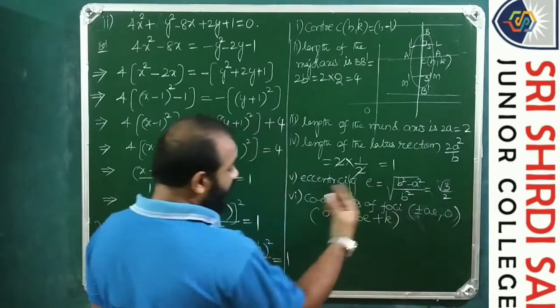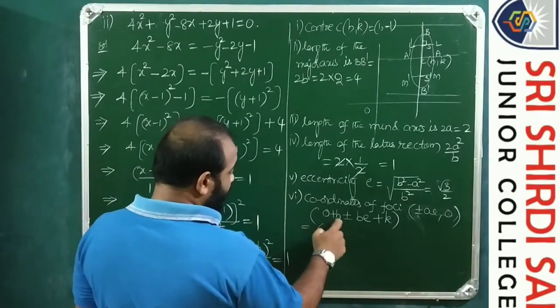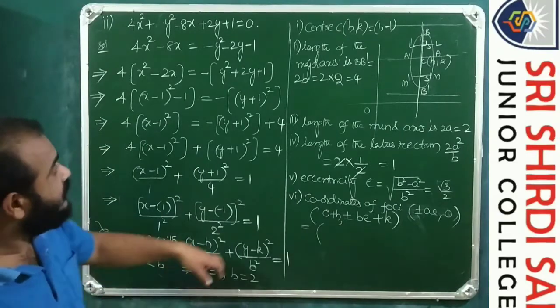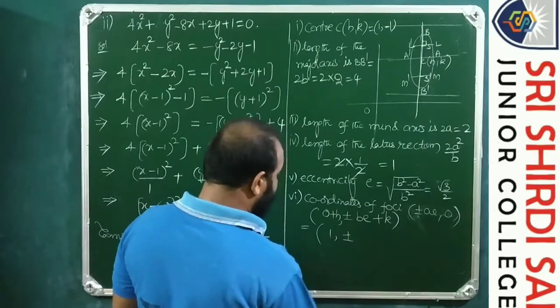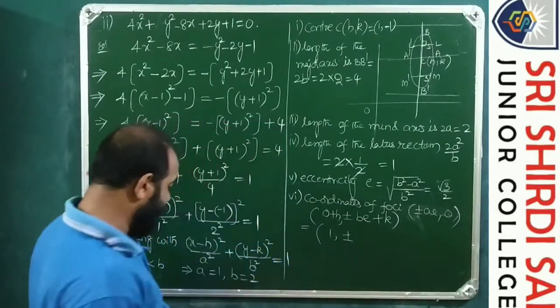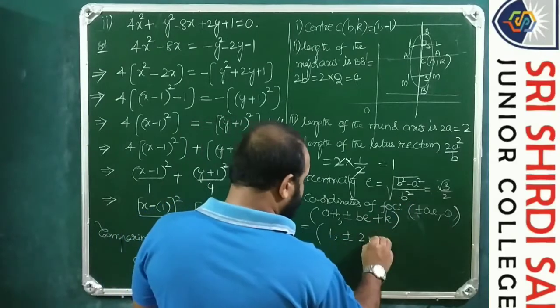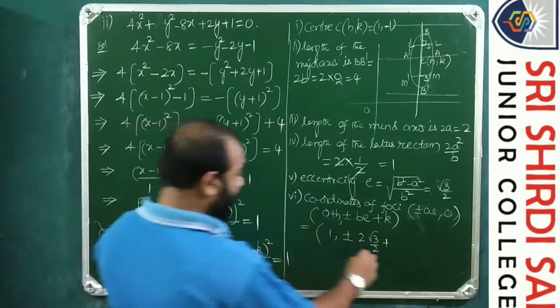So this is the coordinates of foci. So this is equals to 0 plus h is h only. What is h here? h here is 1 comma plus or minus BE. B value is 2. E is root 3 by 2 plus the value of k is minus 1.